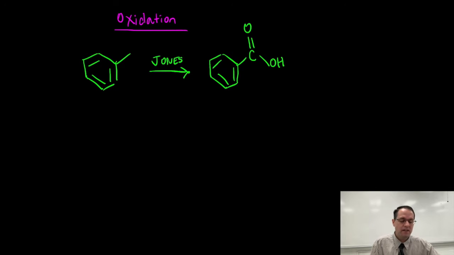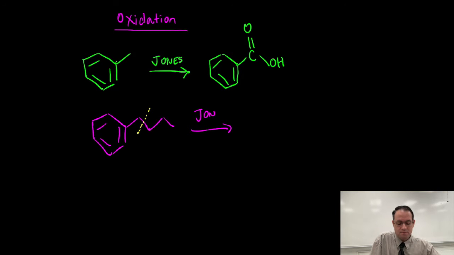Now, if you have more than one carbon present, this also will oxidize to the carboxylic acid, but you'll be wasting a few, okay? So if I show you which bond becomes cleaved, it's this carbon-carbon bond that becomes cleaved in the reaction. So if we treat this with the Jones reagent, we'll make the benzoic acid.